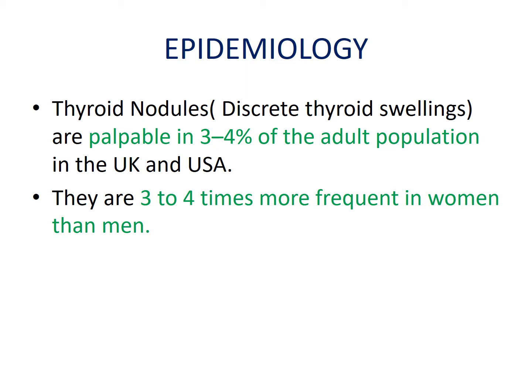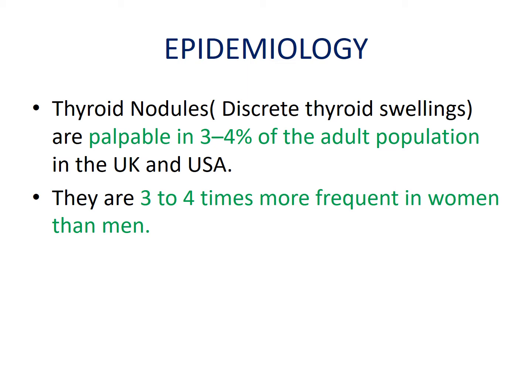As far as the prevalence of these thyroid nodules is concerned globally, the statistical data show that about 3 to 4% of the adult populations in the United Kingdom as well as in the United States of America present with these discrete thyroid swellings, that is the thyroid nodules.